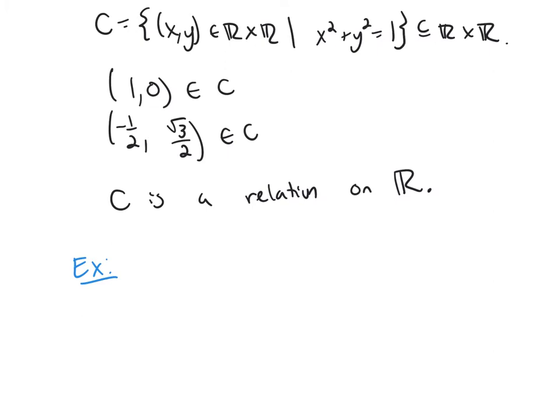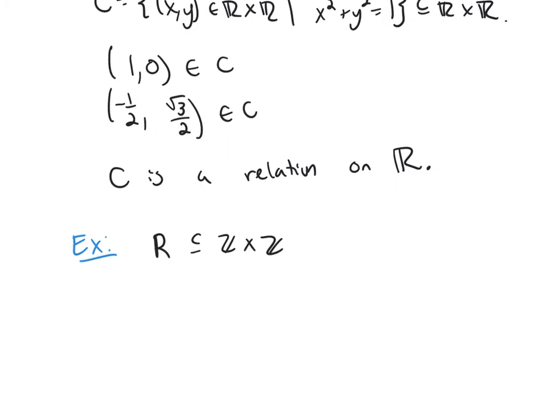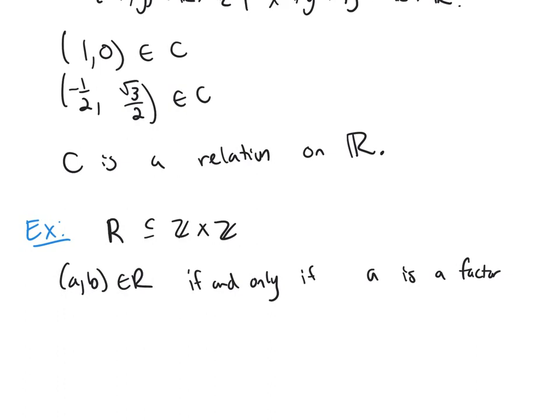Now my set is going to be the integers, so I'm going to look at a relation which needs to be a subset of Z cross Z. And I'm going to say that (a, b) is in the relation if and only if a is a factor of b.